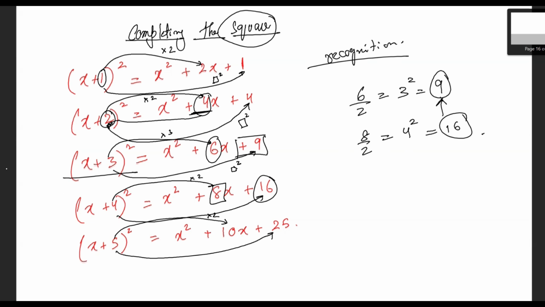Okay, next step. Since you understand how to recognize it, now I give you the expression x square plus 6x plus, let's say, 10. Now, is it completed or not? How do we check?